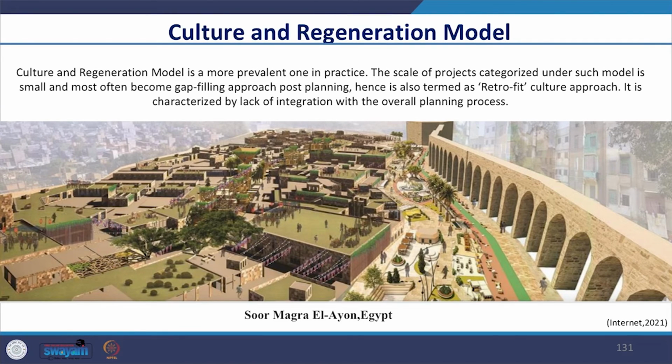Now, let us see the third model, the culture and regeneration model. The culture and regeneration model is a more prevalent one in practice. The scale of projects categorized under such a model is small and most often becomes a gap filling approach post planning. Hence it is also termed as the retrofit culture approach.